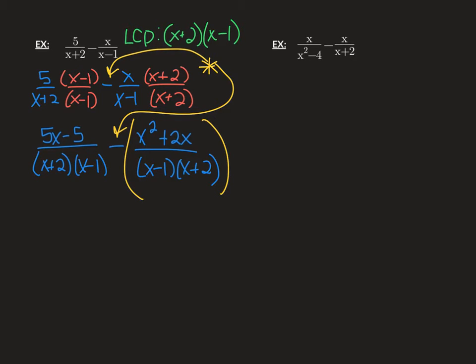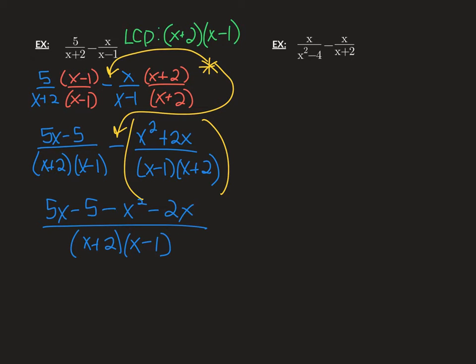So that negative sign needs to be distributed to both terms in the numerator so that I'm actually subtracting all of it. Okay, so my numerator becomes 5x minus 5 minus x squared minus 2x over this factored form of x plus 2, x minus 1.